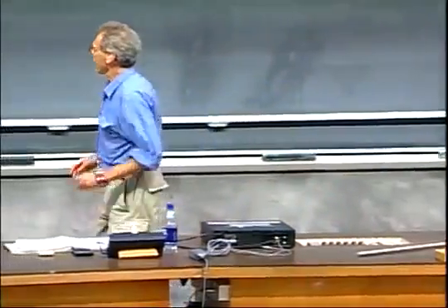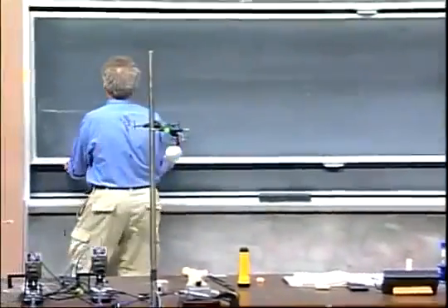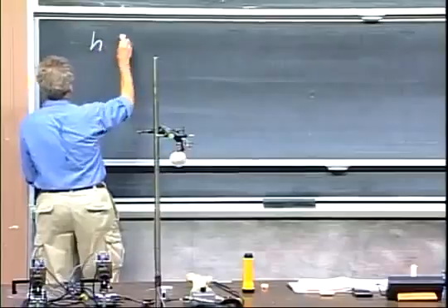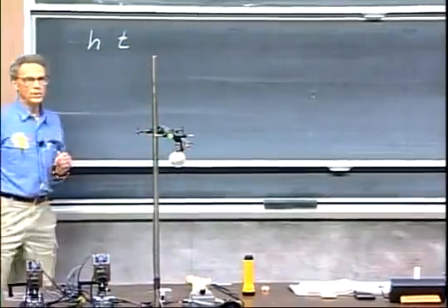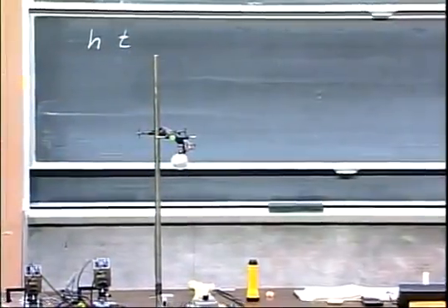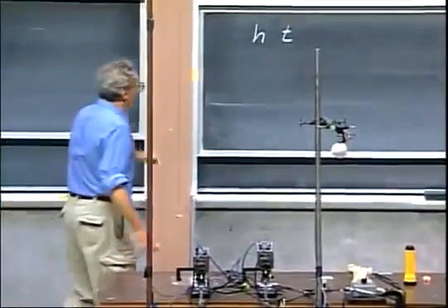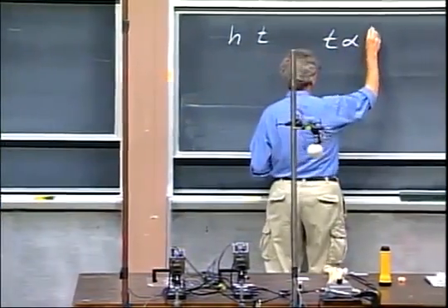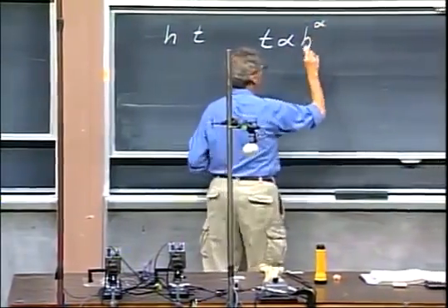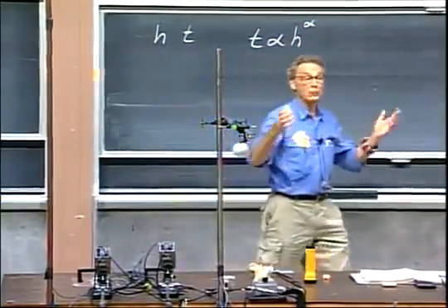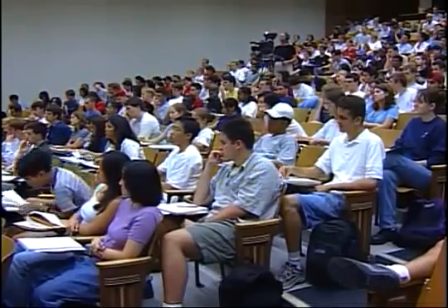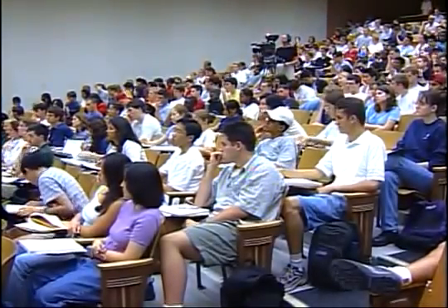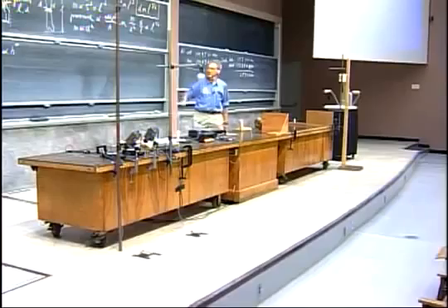Well, I drop the apple from height h, and I want to know what happens with the time when it falls. And I change h. So I said to myself, well, the time that it takes must be proportional to the height to some power alpha. Completely reasonable. If I make the height larger, we all know that it takes longer for the apple to fall. But that's a safe thing.